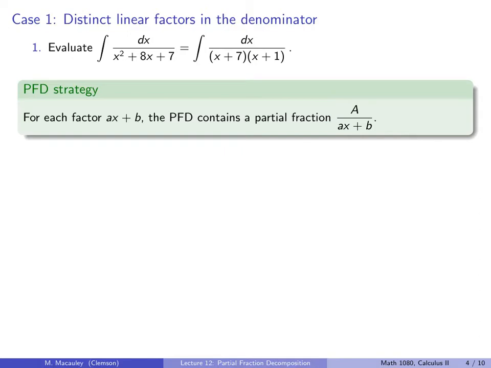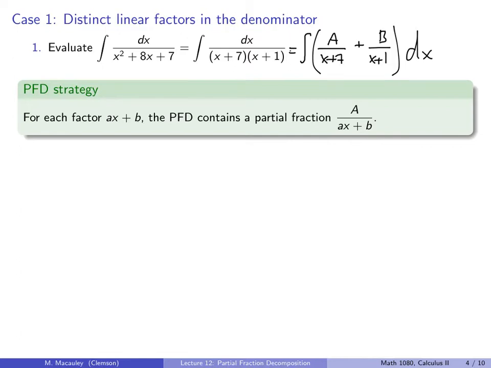In other words, we want to turn this integral into a over x plus 7 plus b over x plus 1. Now that's something we could do. So all we have to do now is figure out how to write this like that. Okay, so let's do that.